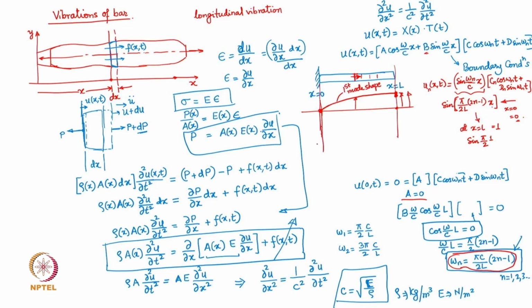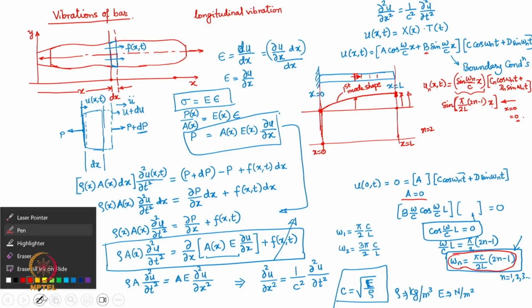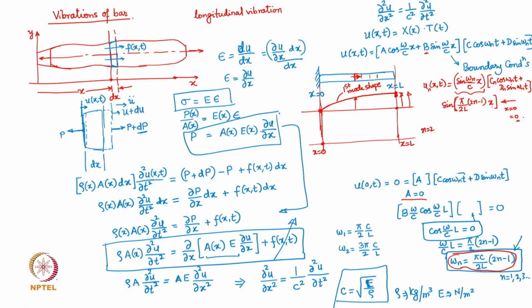Let's look at the second mode shape. X equal to 0 and x equal to L for n equal to 2. How much will that be? At x equal to 0, it's the same irrespective of n. So this is still going to be 0.